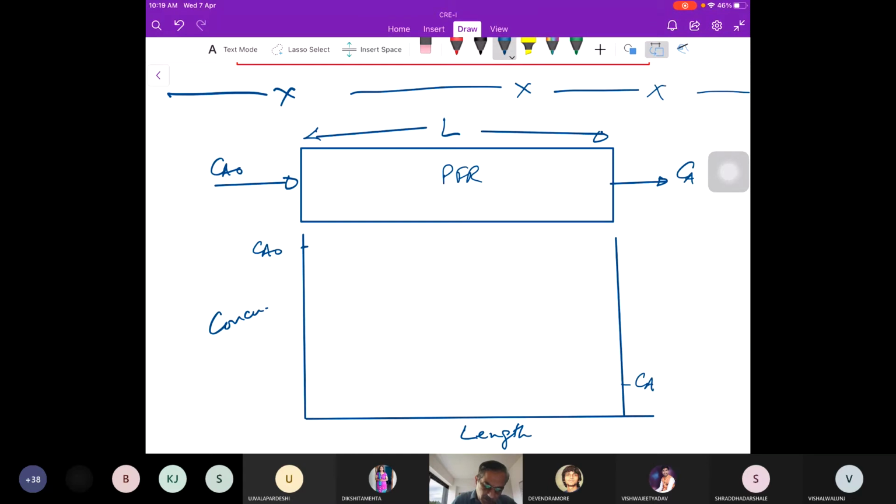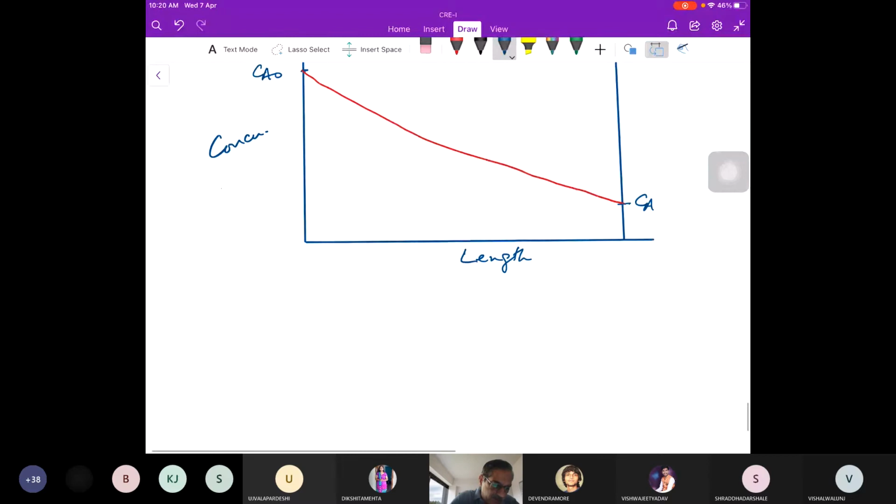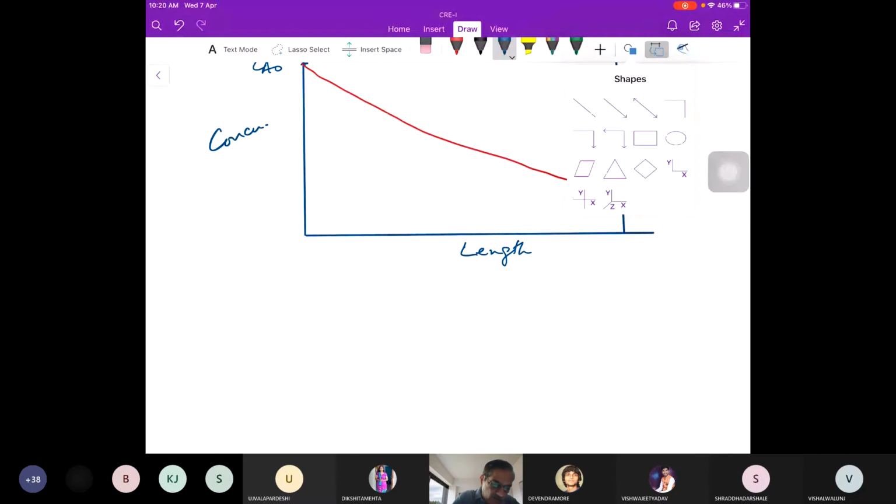So the concentration profile is something like this. Okay, right. We told you this earlier, remember? So it's not suddenly becoming like that. If you take MFR, how is the behavior of MFR, does anyone remember?